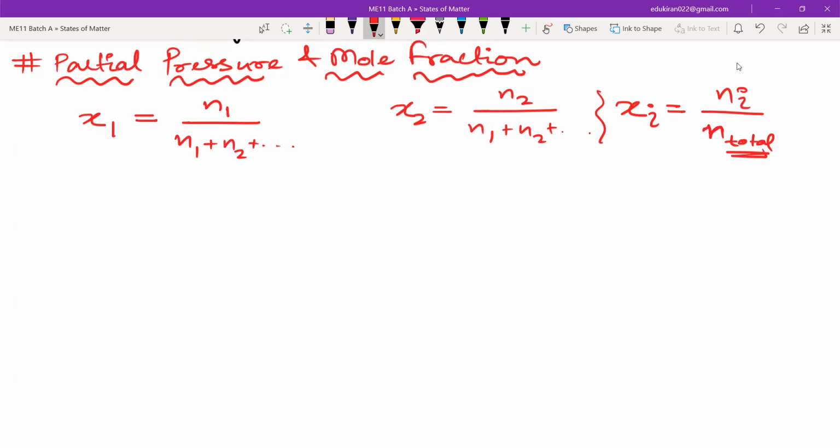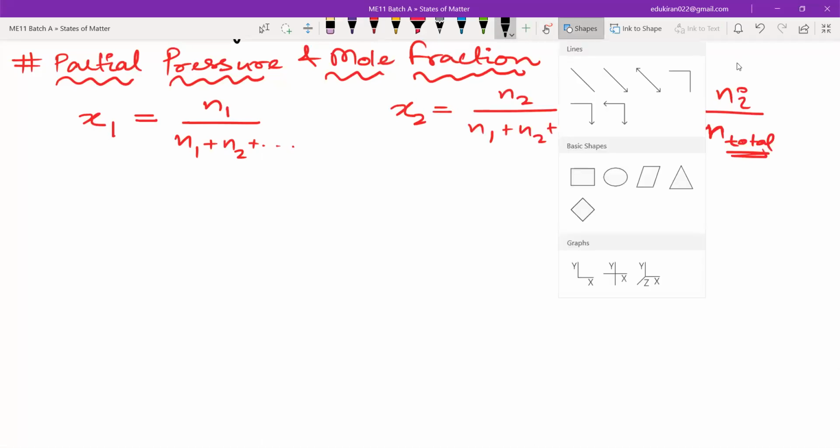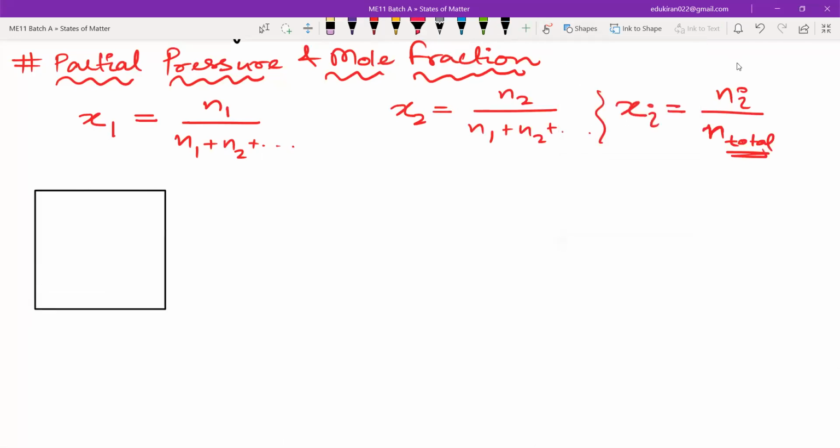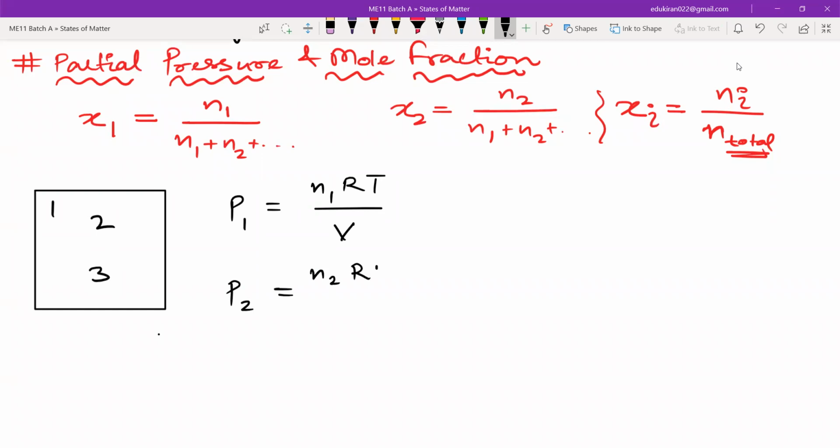Okay. Now, let us suppose we have a chamber here, and it has 3 gases. We will just take 3 gases to make it simple, and after that we'll write for n number of gases. So P1 will be equal to N1 RT upon V. And P2 will be N2 RT upon V. The only difference will be the number of moles, and other things will be the same, because inside this chamber the gas temperature is the same.